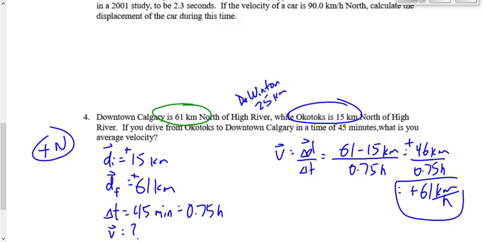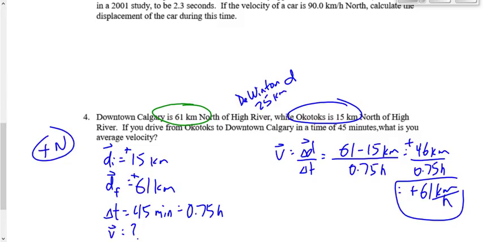It doesn't. This is a position, but this is my, remember what we called it the other day, my middle position? If I've got positions, all I really want is my final and my initial, right? My final is Calgary, because that's where I end up. My initial is Okotoks, because that's where I start. I don't really care where I went through.